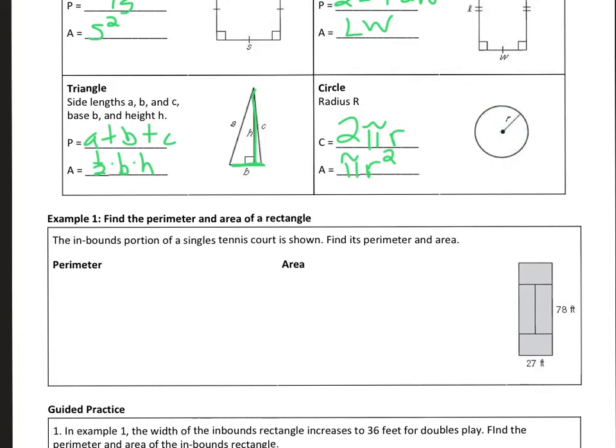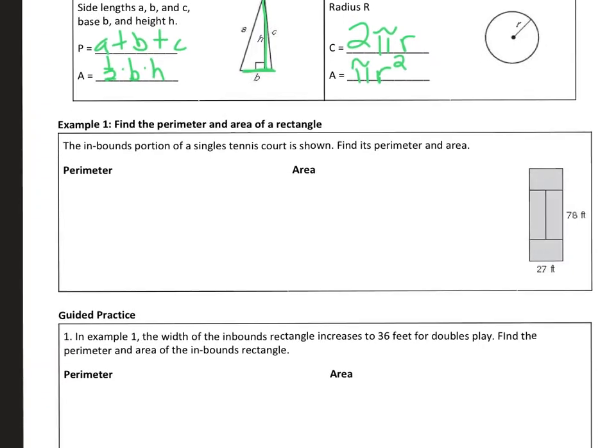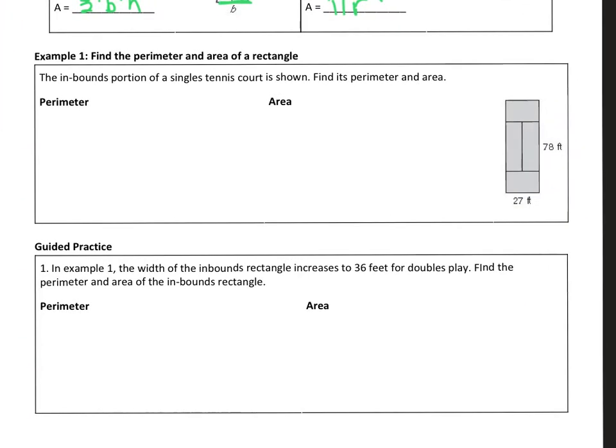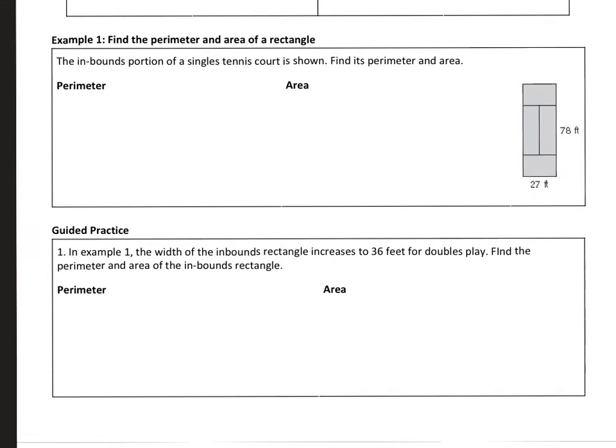So now that we've got the formulas, we're going to go on to using those formulas to find some perimeters and areas. So in example 1, the perimeter of this rectangle, it says the inbounds portion of a singles tennis court is shown. Find the perimeter and the area. So we've got a length, we've got a width.